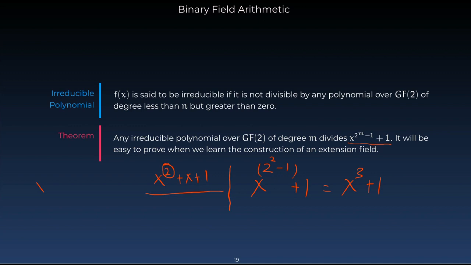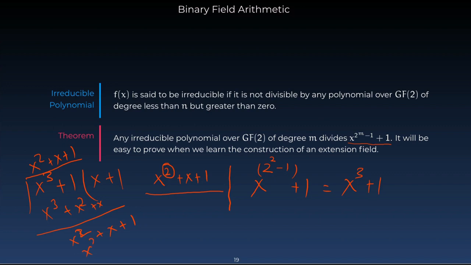You can see it here, that x cube plus 1 when divided by x square plus x plus 1, we can multiply it by x. So you will have here x cube plus x square plus x, and the remainder will be x square plus x plus 1, and then we add 1, so you will have x square plus x plus 1, and you see that this is all cancelled, so the remainder becomes 0. So in that sense it is actually dividing x cube plus 1.